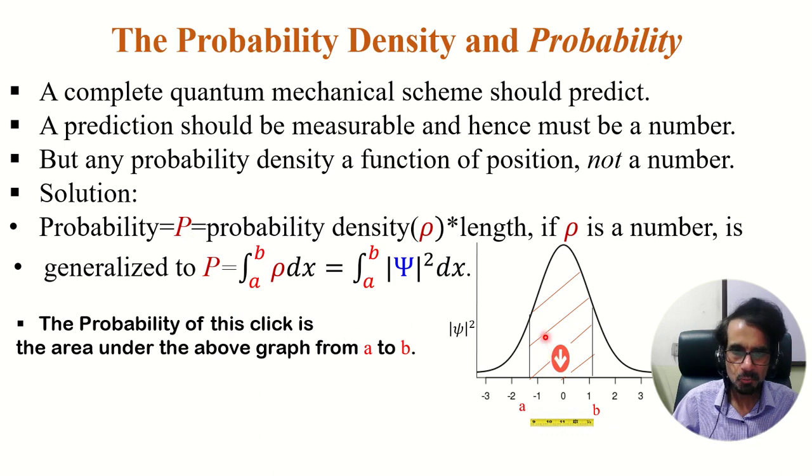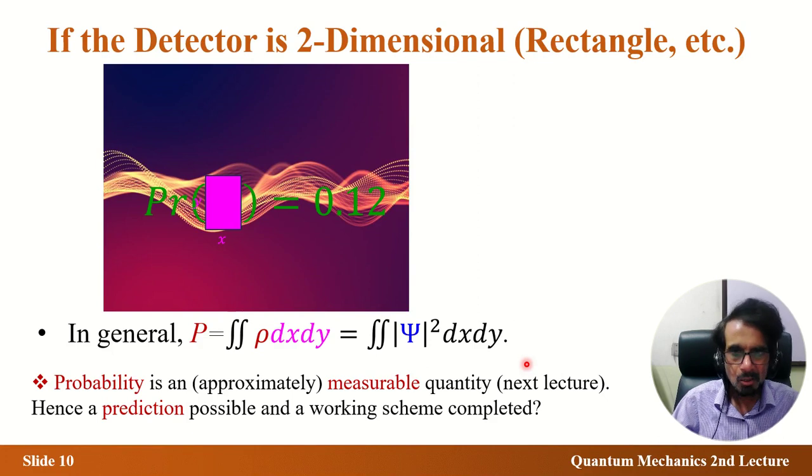Geometrically you can say that this calculus can be described this way. This integration is the area under this curve. Now I tell you what the thumbnail of this video is: for a case where a detector is two-dimensional, a kind of rectangle, the integral will be a double integral over x and y. So that's it.